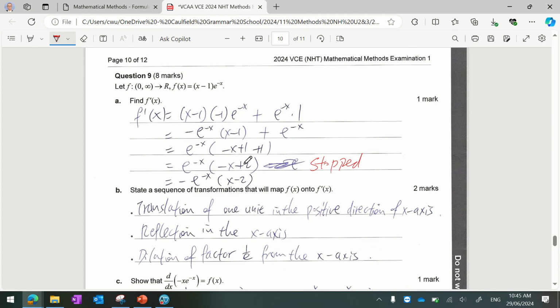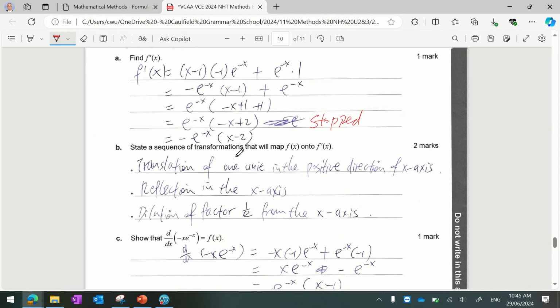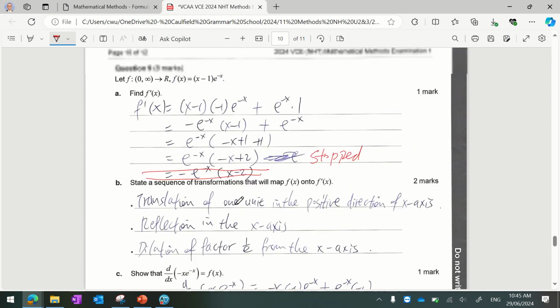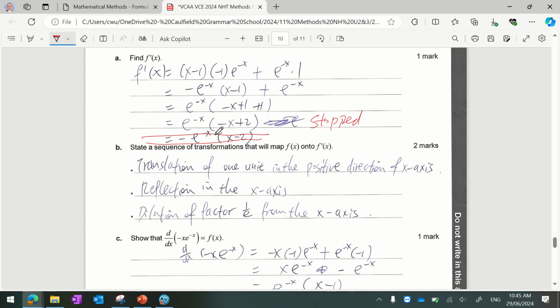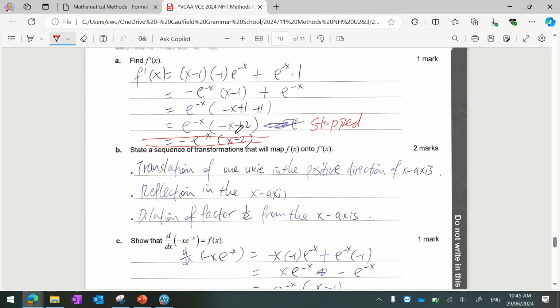That's everything simplified and so on. I didn't factorize it, so factorize this, simplify, and then that's the answer for the derivative. And then I basically didn't have that line there. When I first did question A, I didn't have that line there, and then I went on to question B, and then the problem starts.